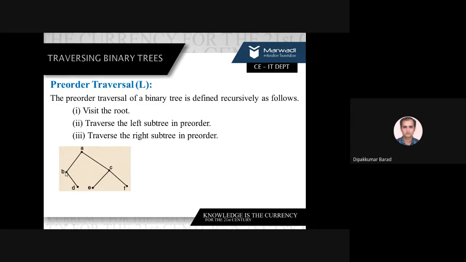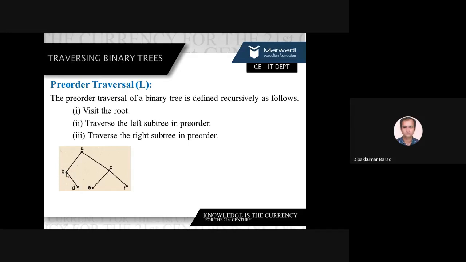Suppose if you had G here, then our order would go from A to B, then B to G, G to D. But now we haven't any left child for B. So according to pre-order, first we get A, and then the left child B. Here we haven't any left child, so we are not looking at that.